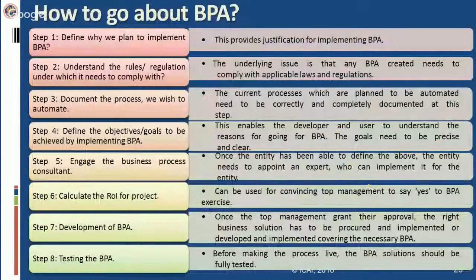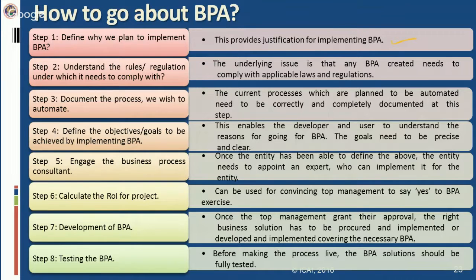Now, how to go about BPA? The very first step is to define why we plan to implement BPA, why there is a need to implement it. We have to answer this question, because it will provide the justification for implementing the automation.